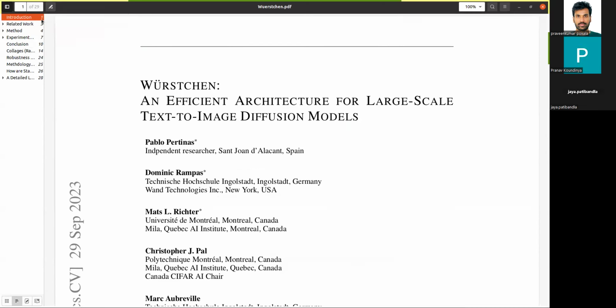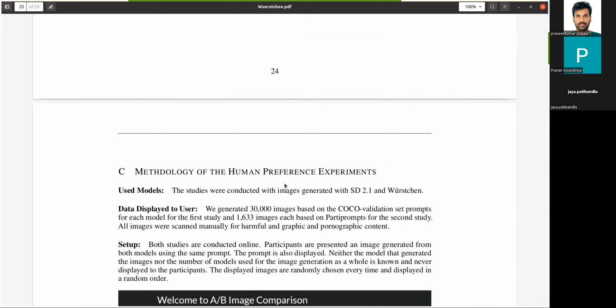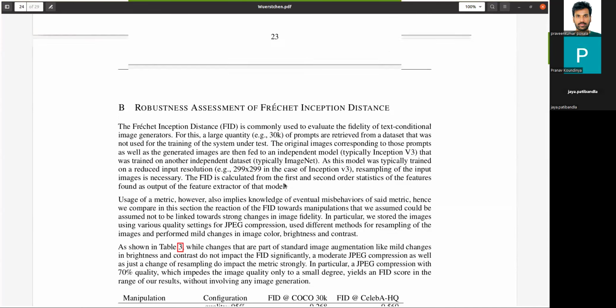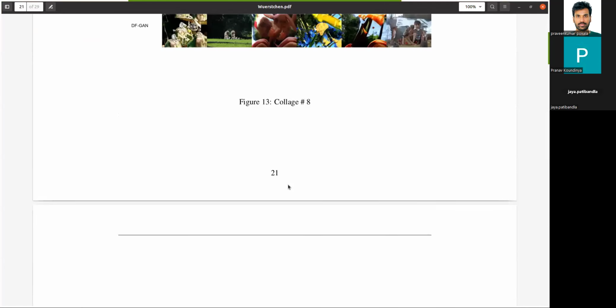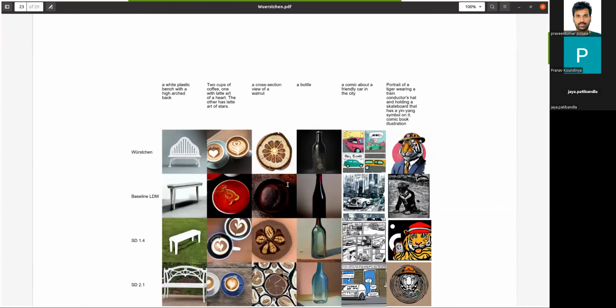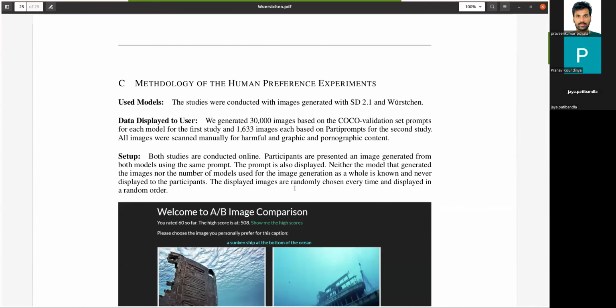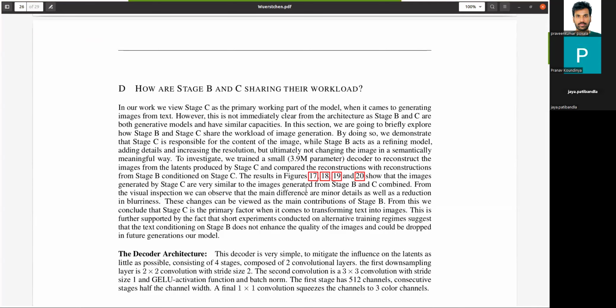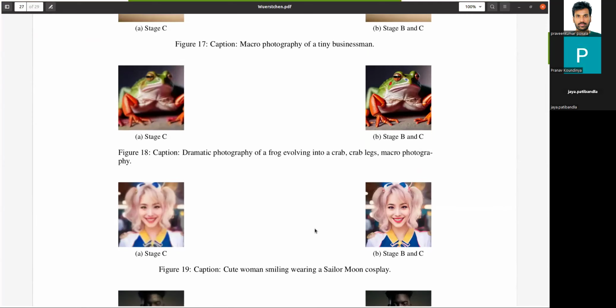Sir, is the paper visible? Yes. The 24th or 25th page, something like that. Can you go down? After the 25th, there are certain examples of stage B and stage C. These are very nice.